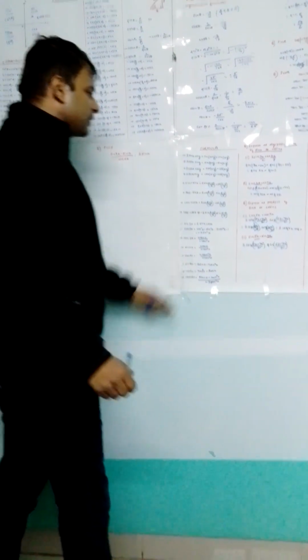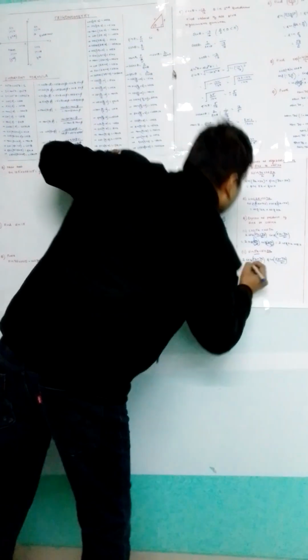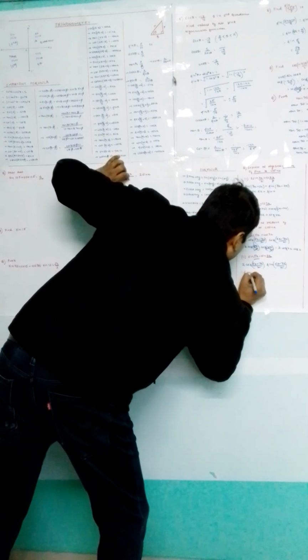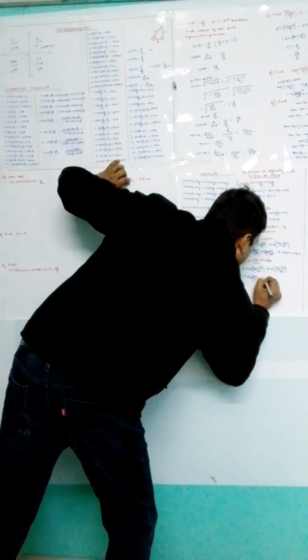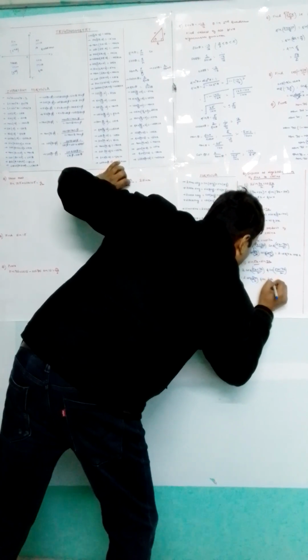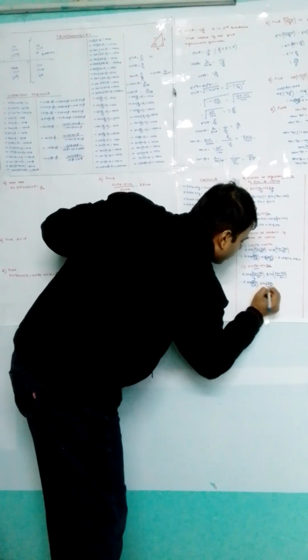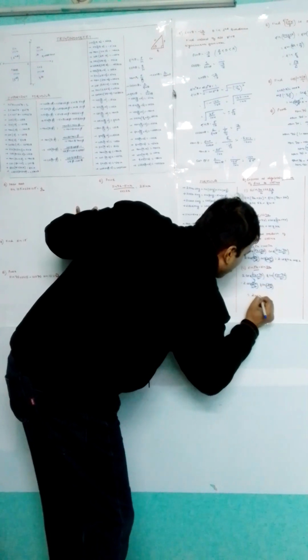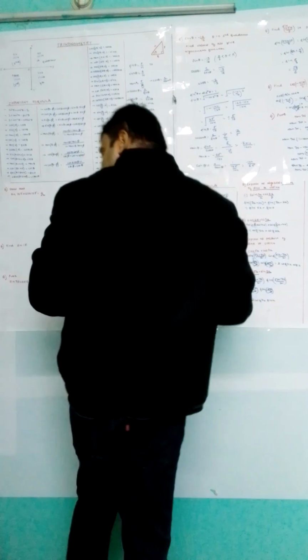Even if you are not able to see this, by listening you will be able to solve it. 2 cos(8x/2) sin(2x/2). Cancel this out, this is 2 cos 4x sin x.